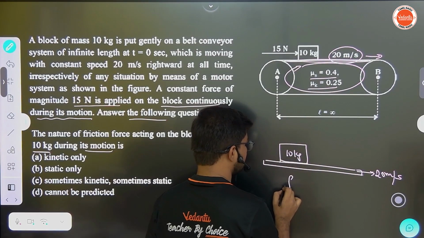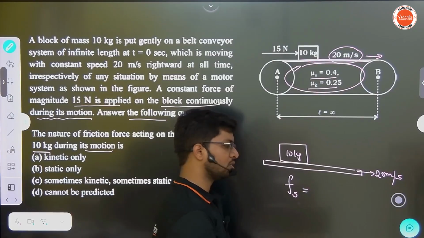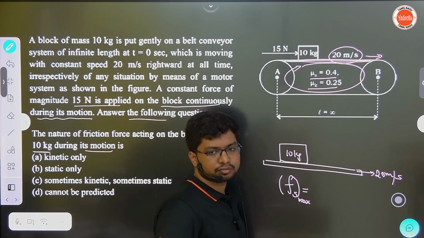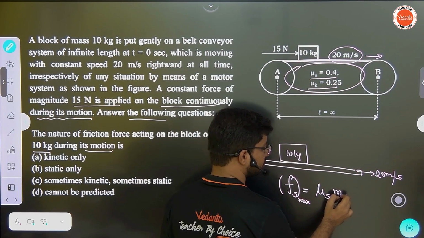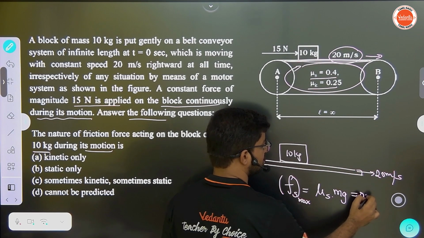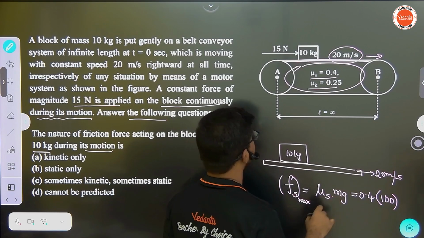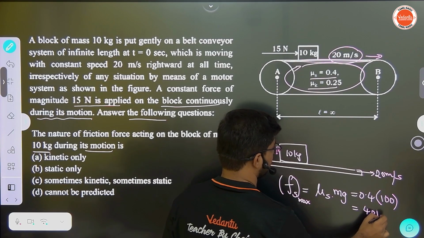Can you tell me what is the maximum static frictional force it can have? That is mu s into mg. How much is that? 0.4 times mg. Take g equal to 10 here. Then you will get 40 newtons.